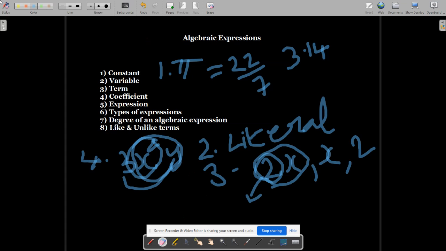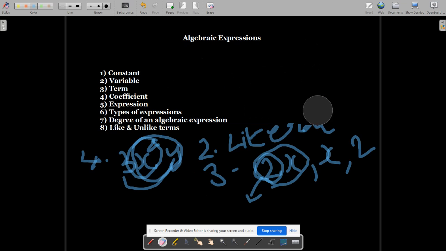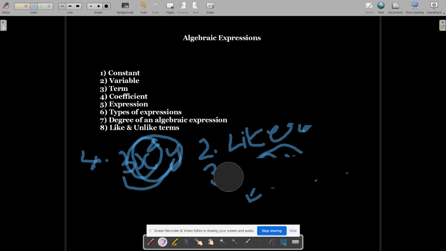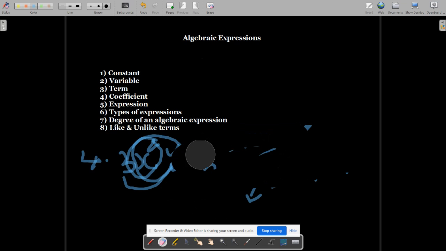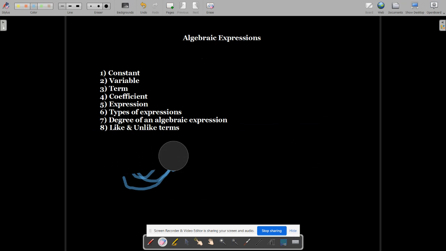Next is expression. So, what is an expression? A combination of terms using basic operations is known as an expression.